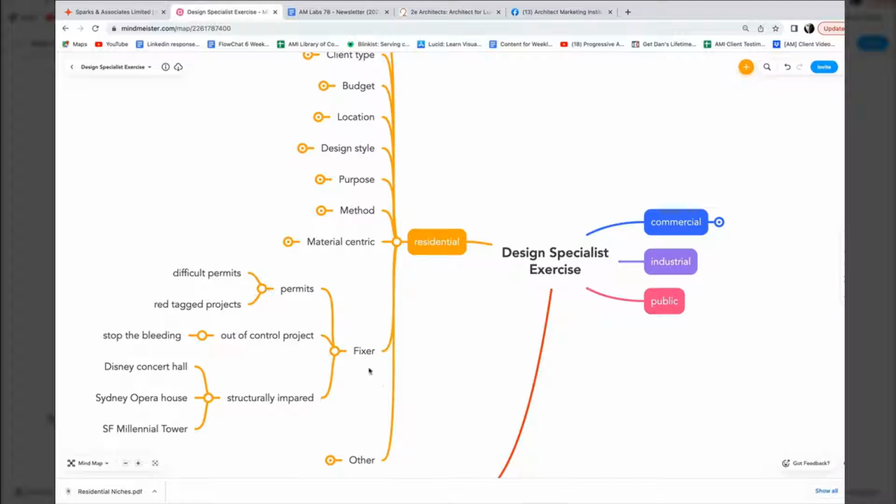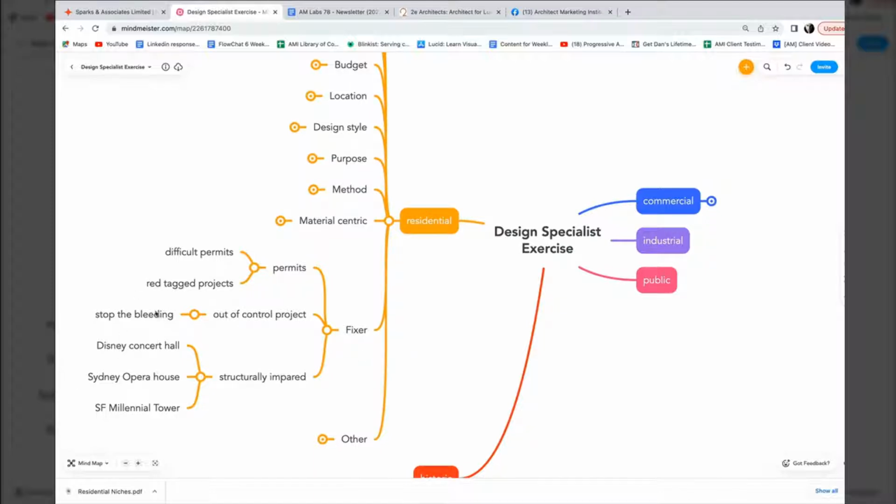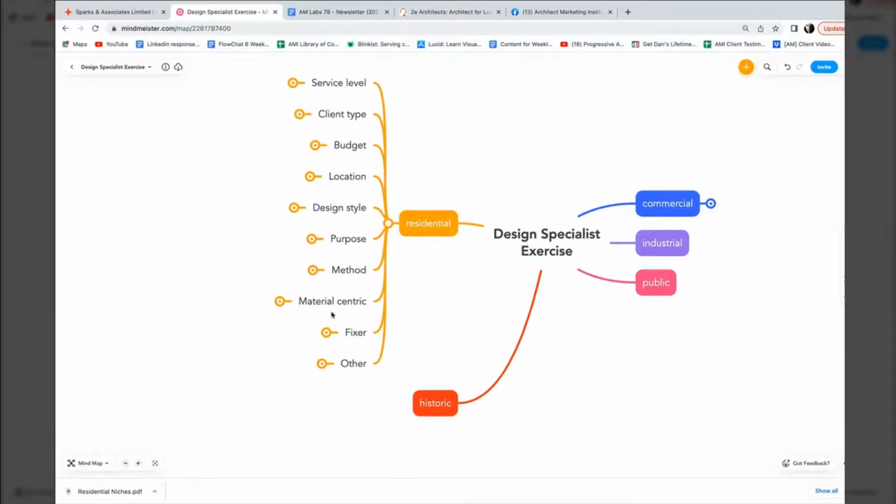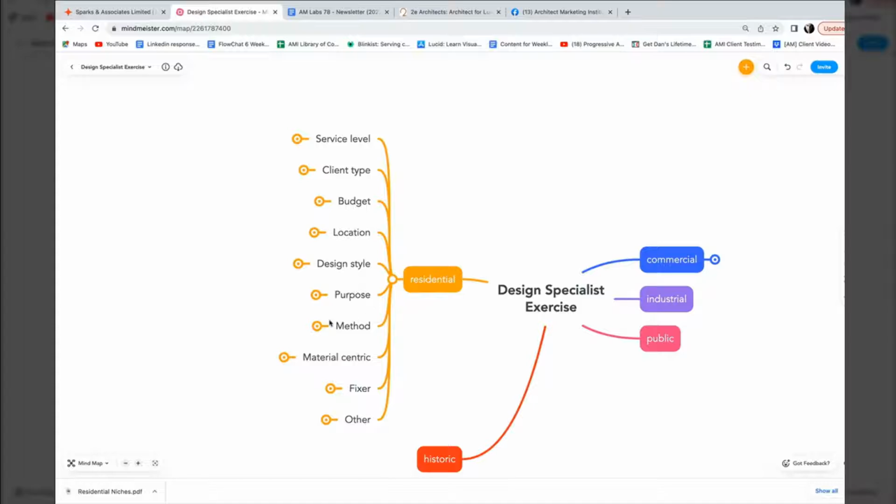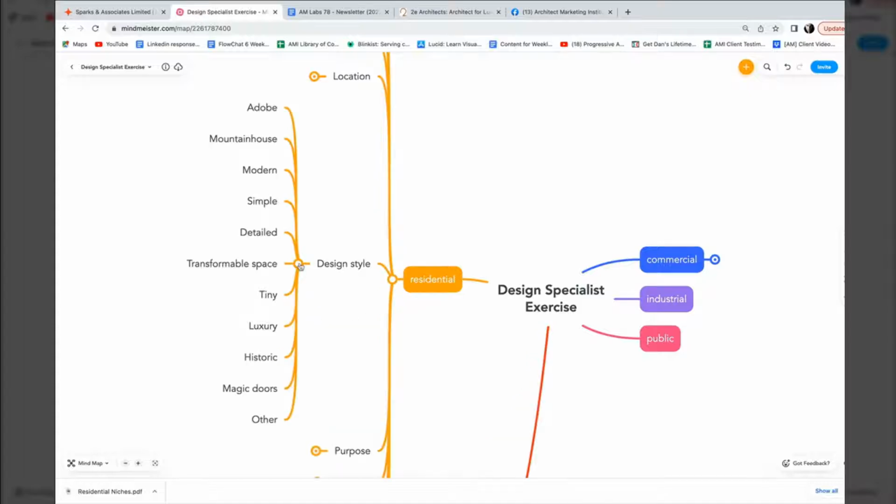The reason being the fixer, sort of Mr. or Mrs. Fix-It architect could be a good niche, is that all these are very expensive problems. And if you get a reputation for being a fixer, then you can go in and almost charge whatever you want. Right? So, okay, now the one I want to drill down on is design style, right?